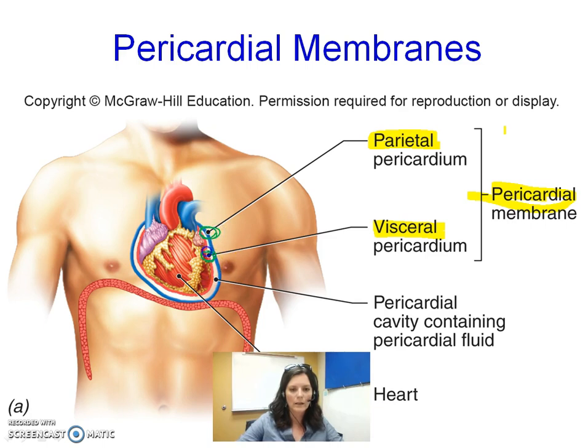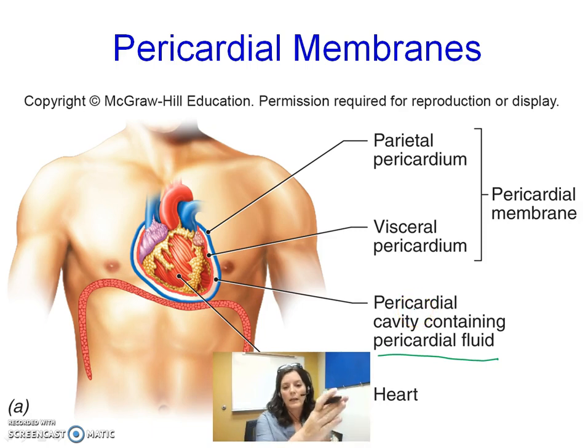The red line is the visceral pericardium. And then the space in between is that serous fluid or pericardial fluid. Remember, that's what reduces the friction. Really important when you're talking about the heart, since it's constantly beating. You don't want that constant beating of the heart to make those two membranes rub a hole in one another. So we really need that fluid to be there.